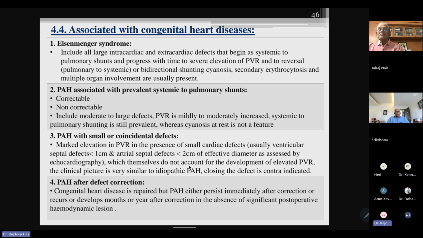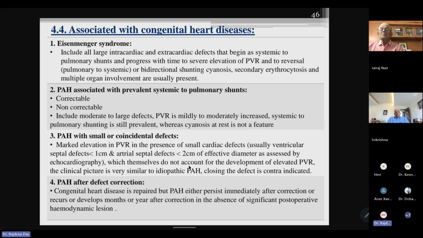Associated congenital heart disease like Eisenmenger syndrome, pulmonary arterial hypertension associated with prevalent systemic to pulmonary shunts, pulmonary arterial hypertension with small or coincidental defect, pulmonary arterial hypertension after defect correction.